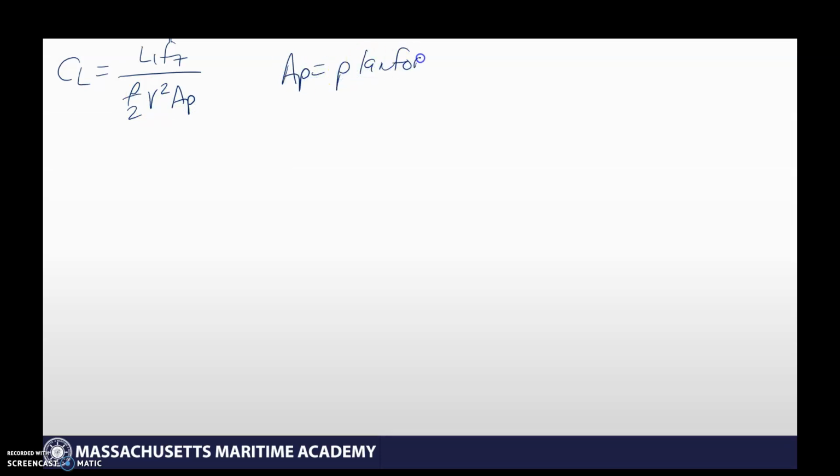Now, unlike drag, we only have one area to worry about because we need that planform area to generate the lift. And that planform area is b times c, the span times the chord. It's a projection of force, much like our frontal area, except we're looking down on the top.